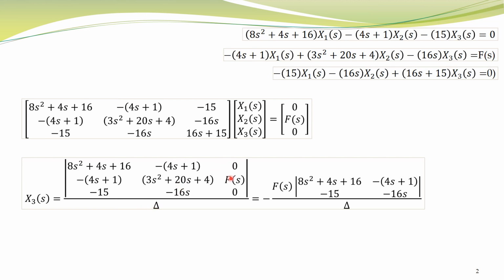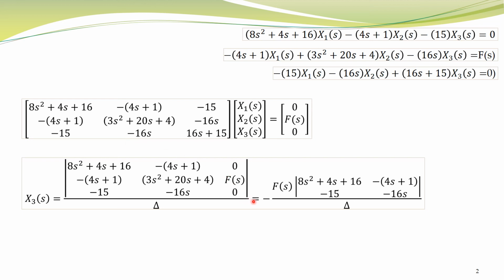Here this matrix is the same matrix over here, except the third column is replaced with the right hand side of this matrix equation. And this delta, what is delta? Delta is the determinant of this matrix. You are well familiar with this Cramer's rule.